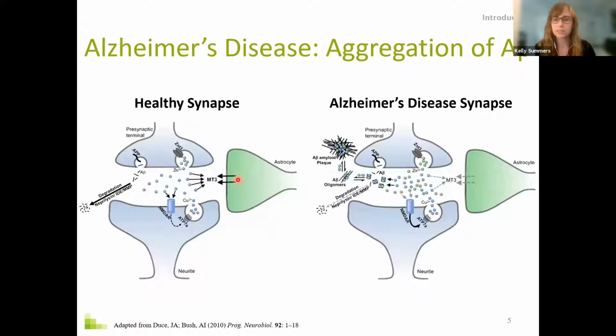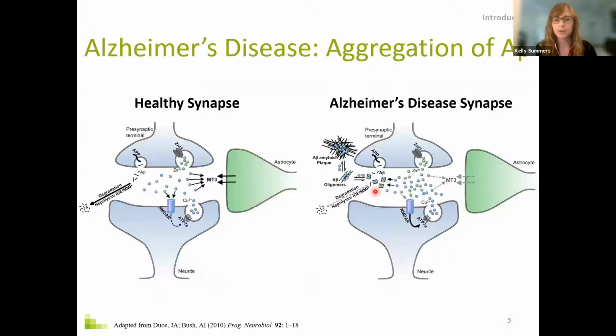In Alzheimer's disease, also looking at a similar synapse, we have a lot more zinc and copper ions within this synapse. These ions are not stored in metallothionein, and they don't seem to go on to trigger the same signaling pathways within neurons.